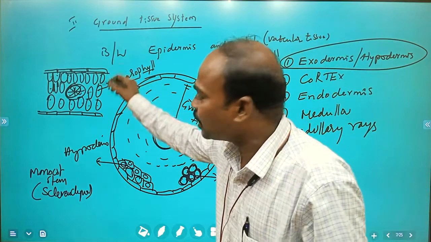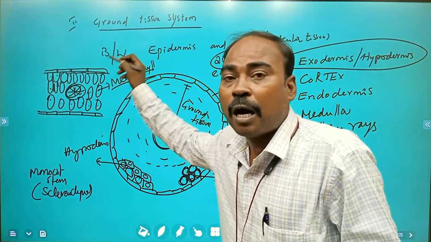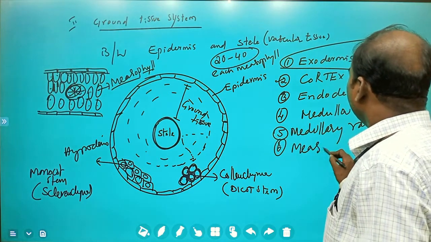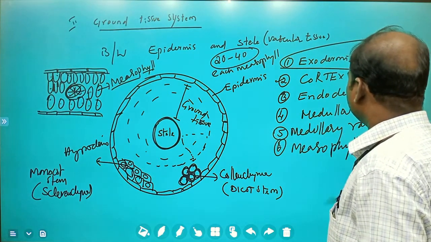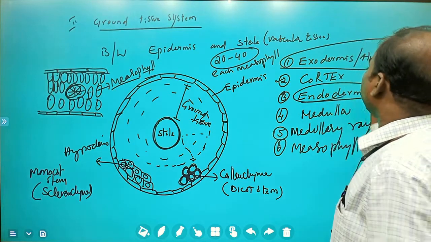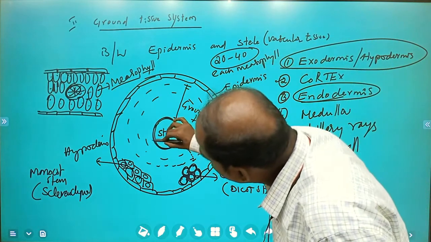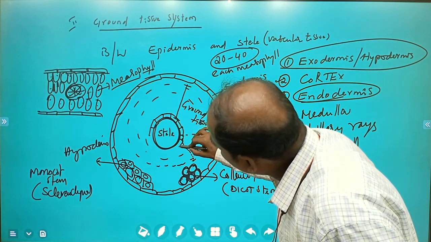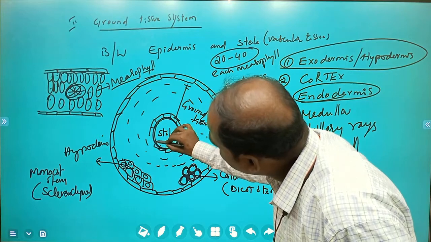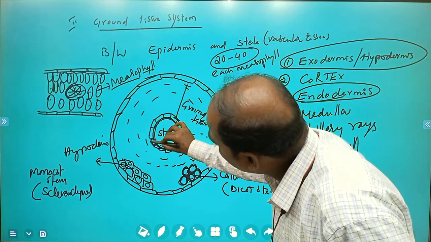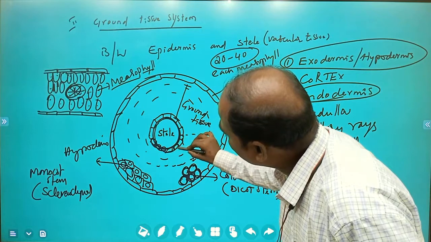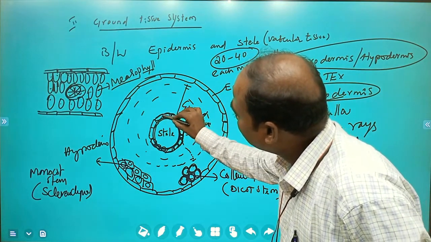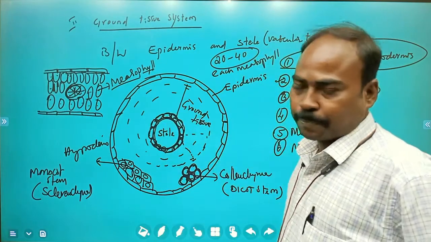These middle leaf cells are also considered as ground tissue system. Then endodermis, the innermost area of the cortex which surrounds the stele, is called endodermis. The endodermis has several characteristic features, and is the barrier to the entry of water from cortex to stele.